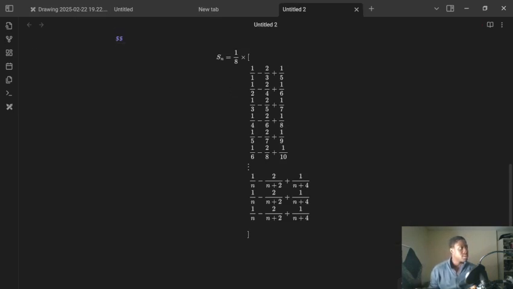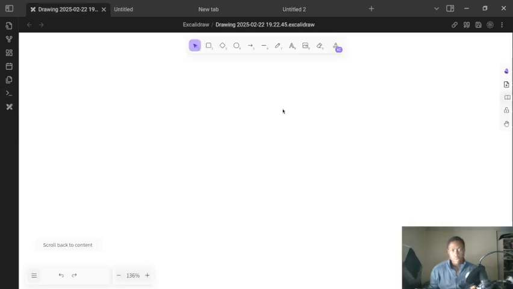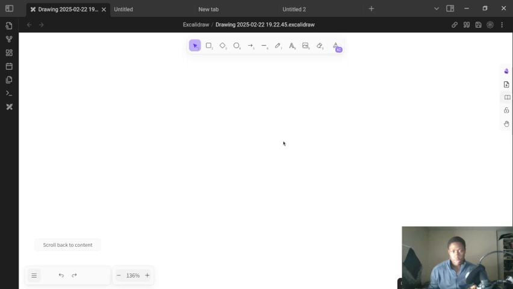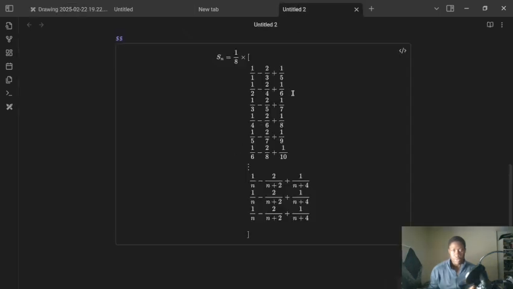Where does that go? Paste. Did it paste an image? Okay, well, I guess I'm just gonna need to work it out here.